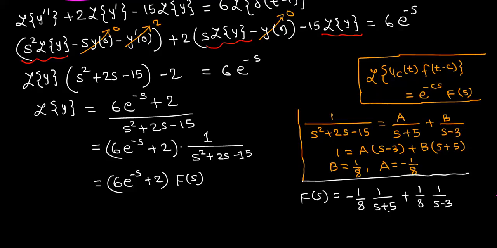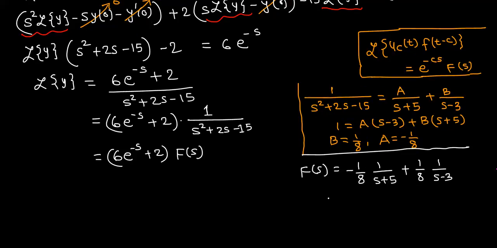Now we can take the inverse Laplace of this. The inverse Laplace of F, f(t), is negative 1/8 e^(-5t) plus 1/8 e^(3t). Now this is L(y).